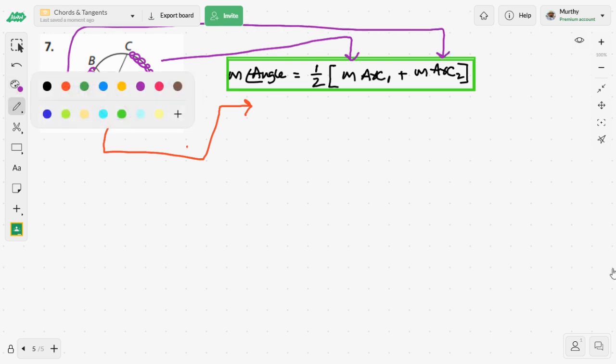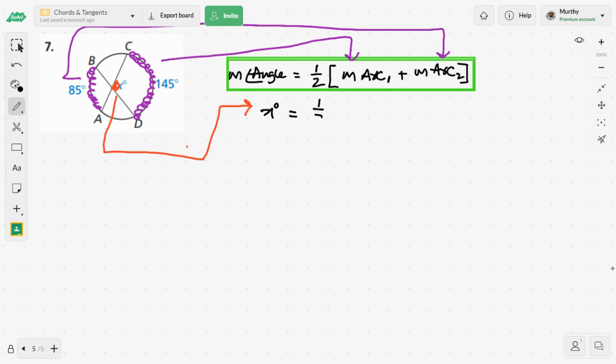Now just plug in these values. The measure of angle x degrees equals half of the measure of arc. I see that 145 degrees, and the second one is taken from here, it is 85 degrees. Just plug in the numbers.